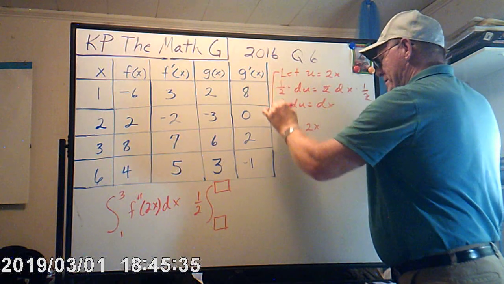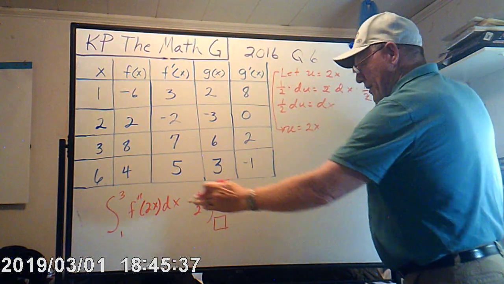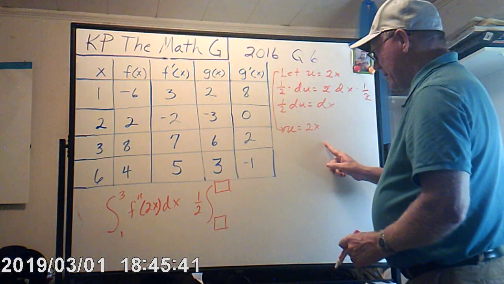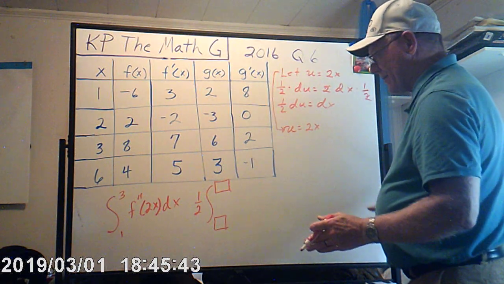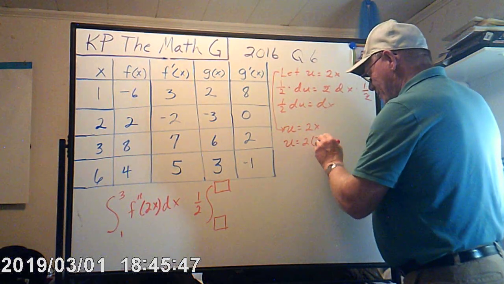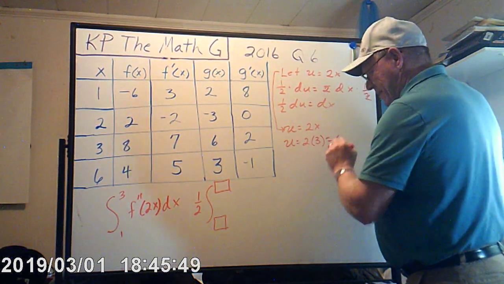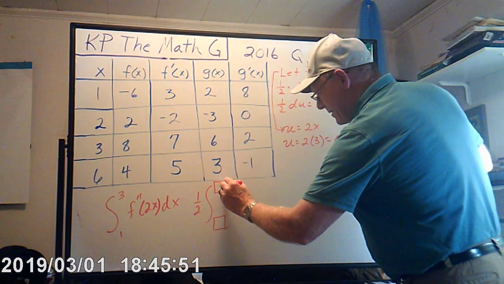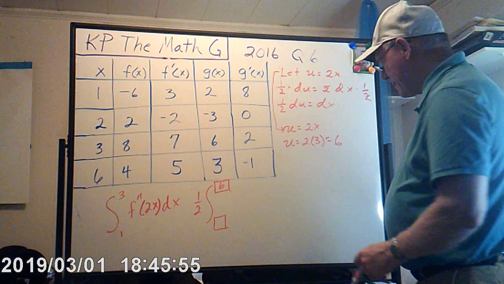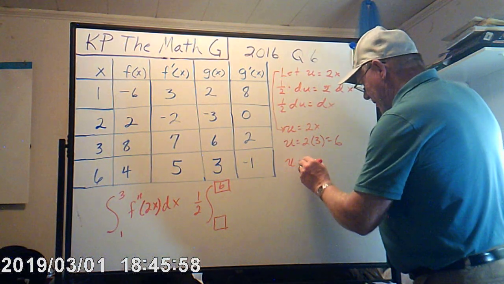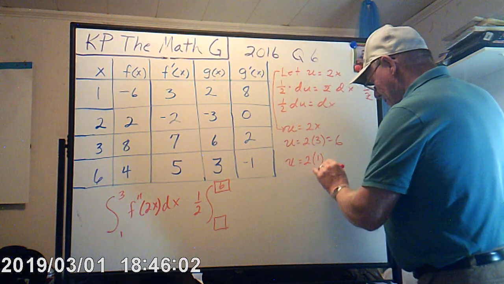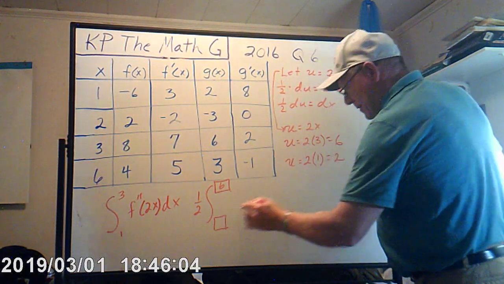Always remember, plug in the numbers in place of x and let's get it down to u. It makes it a little easier. So u is 2 times 3, which is 6. So that changed to a 6 up here. And then u is equal to 2 times 1, which is 2.